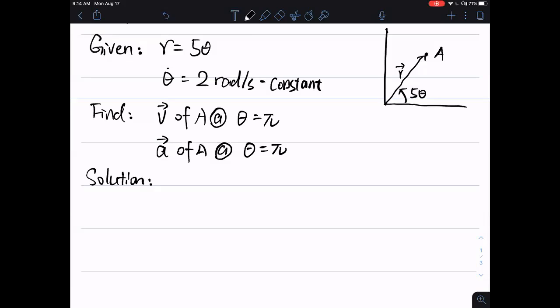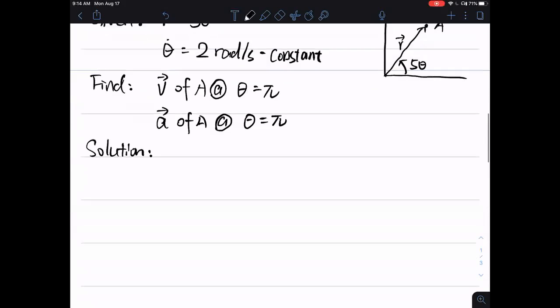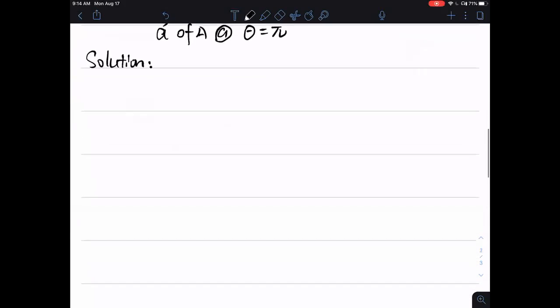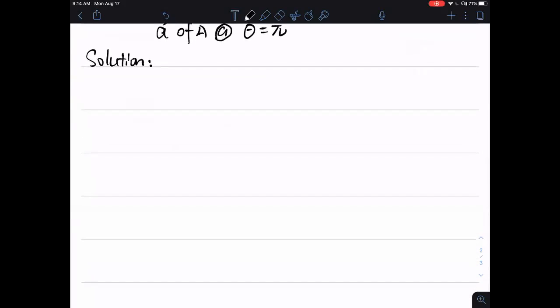All right, if we want to use polar coordinate system, of course, we want to use the velocity equation and acceleration equation. So first, just copy down the velocity equation for polar coordinate system.